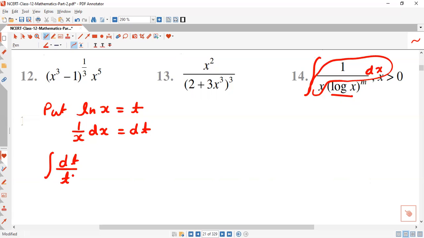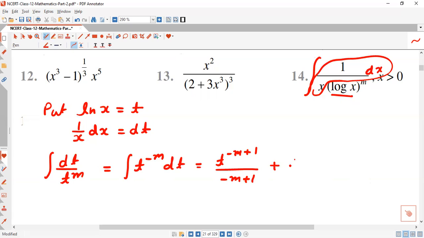Now, taking the integration, simplify this one. Write down here t raised to minus m dt. If you integrate this one, you get t raised to minus m plus 1 divided by minus m plus 1, plus some constant c.